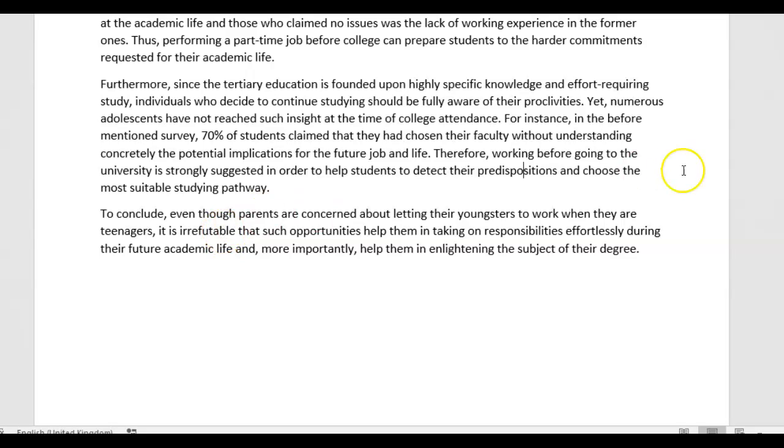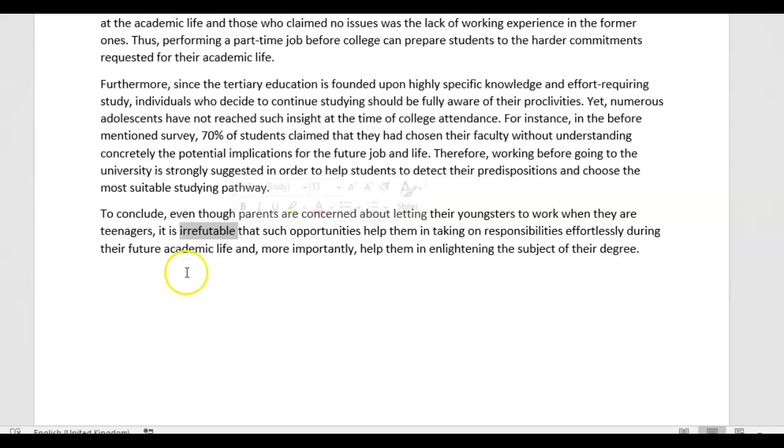To conclude, even though parents are concerned about letting their youngsters work, letting is a bit informal, allowing their youngsters to work or their offspring to work when they are teenagers, it is irrefutable. I wouldn't use irrefutable just with the verb to be.